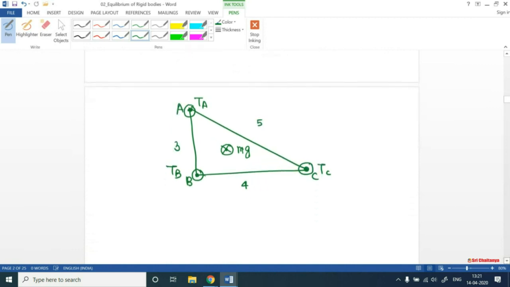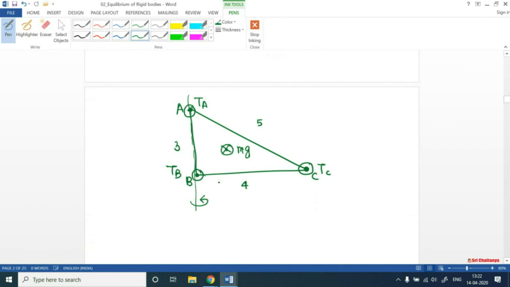In order to compare the magnitudes of TA, TB and TC, let's write the equation of torque about an axis passing through A and B. If we choose this as the axis, the torque due to TA and TB becomes 0, because r perpendicular for TA and TB becomes 0.